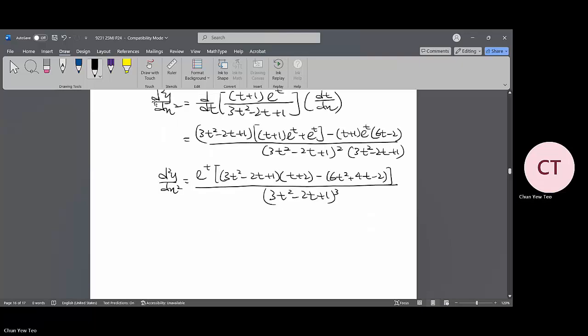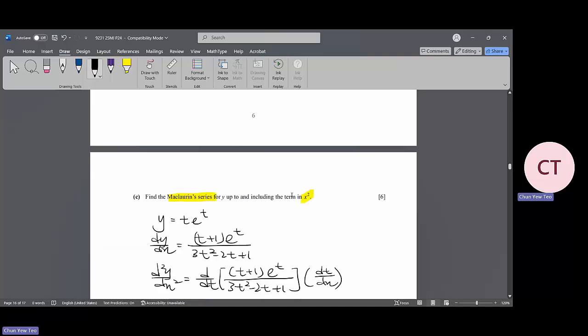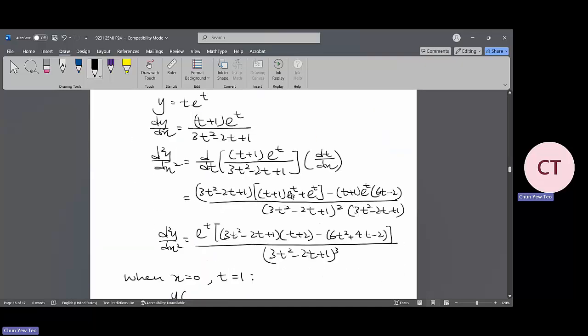Then when x equal to 0, t is equal to 1. So your y here is in terms of t. From the equations that we have here, all is in terms of t, but we need it in terms of x. When I substitute 0, actually this is x equal to 0, but when x equal to 0, t is equal to 1.